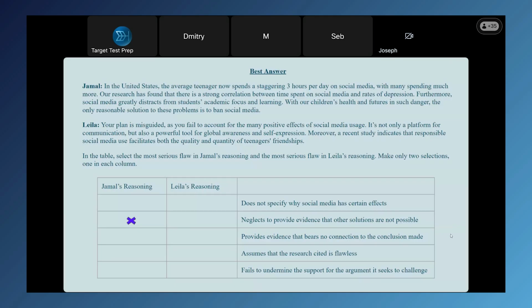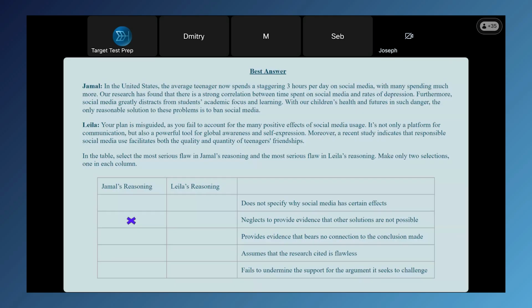She's saying, hey, your plan is misguided because here are these positive effects of social media. But that's not really the problem that Jamal is bringing up. Jamal is bringing up a separate problem. He's saying there's a strong correlation between time spent on social media and rates of depression, and it greatly distracts from students' academic focus and learning. So we should ban social media.